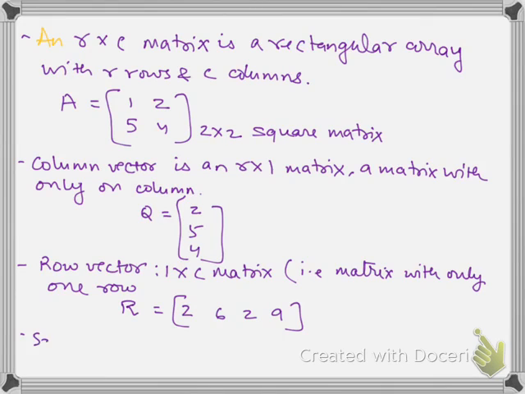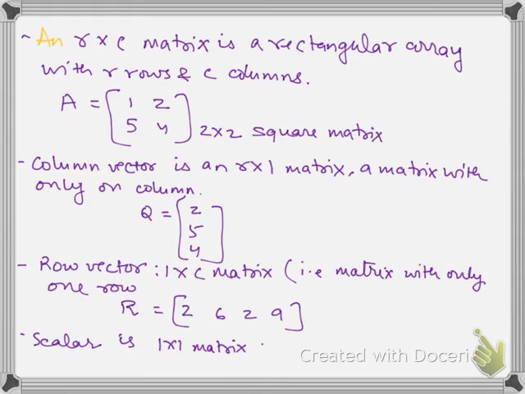And a scalar is a 1 by 1 matrix, if you're thinking of everything in terms of matrices. So it's just an ordinary number such as 29, 25, 5, whatever.